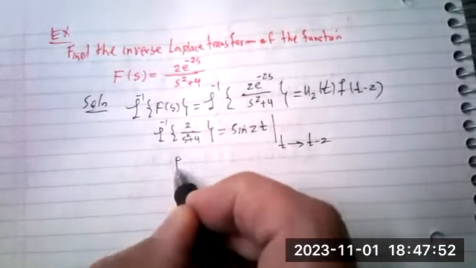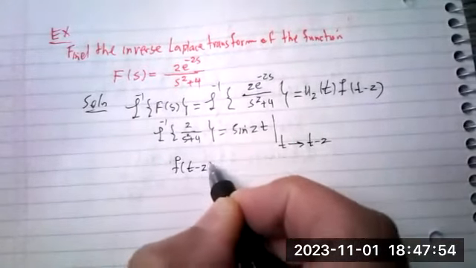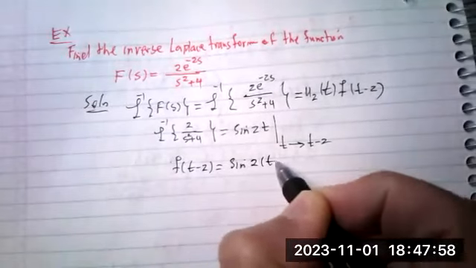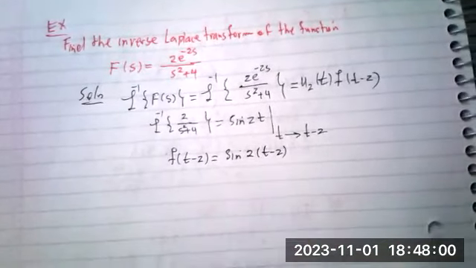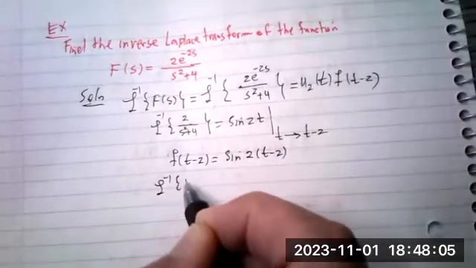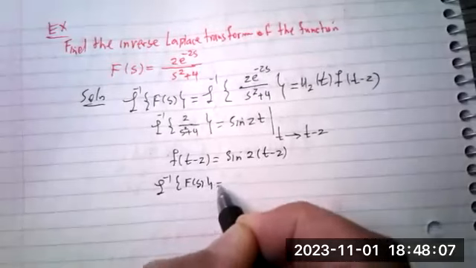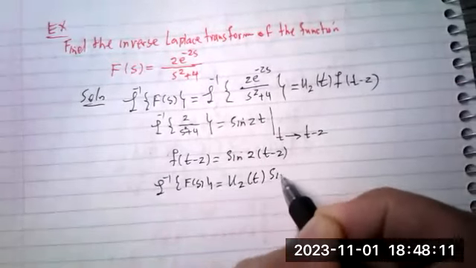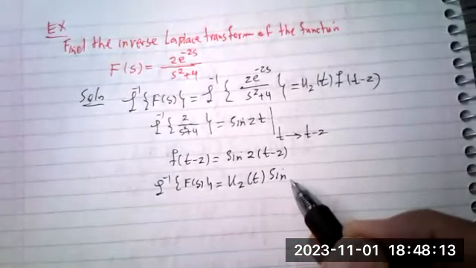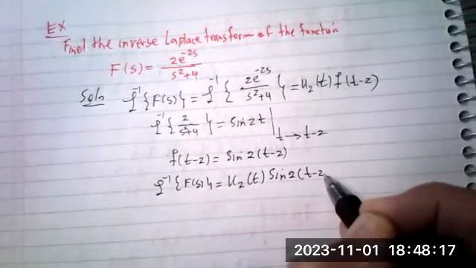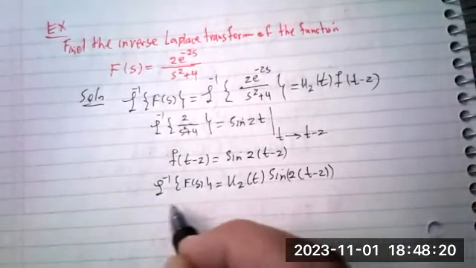So f of t minus 2 would be sine of 2 times t minus 2. If we go back, the Laplace inverse of F of s is going to be u2t sine of 2 times t minus 2. We usually write it down as is, just to show that you know the form. Or you can multiply, but we don't usually do it.